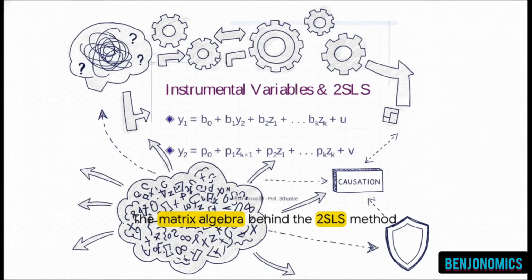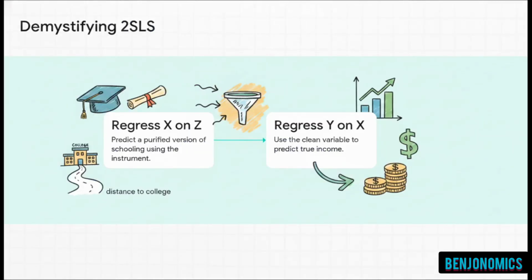So, how does all this build into what statisticians call two-stage least squares, or 2SLS? Now, I know the matrix algebra here might look a bit terrifying at first glance with all the overlapping variables and multiple equations, but honestly, we can translate that dense formula into a super intuitive two-step recipe. Stage 1, we run a regression of schooling on our instrument, distance to college.